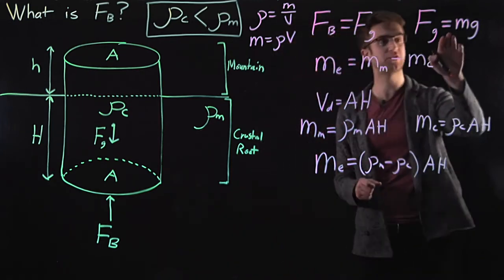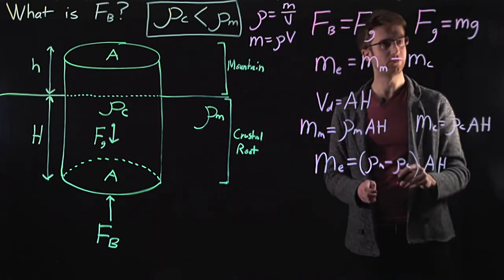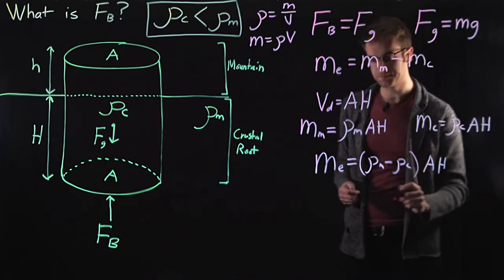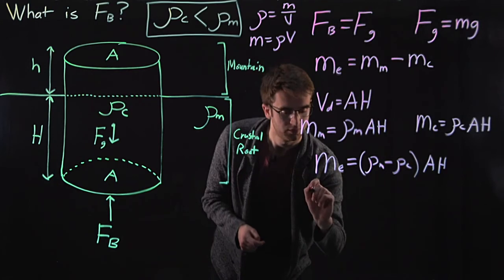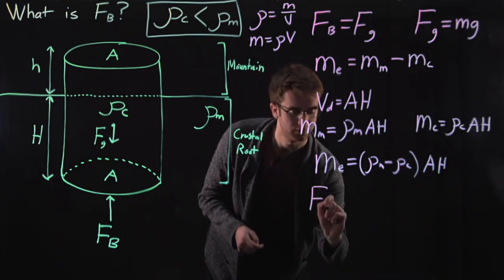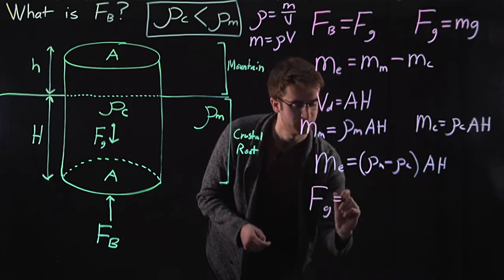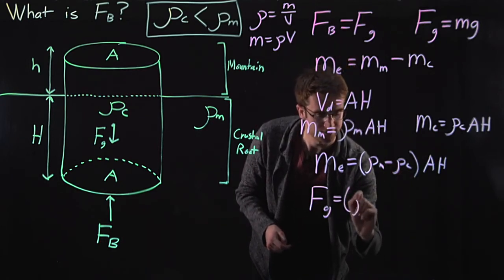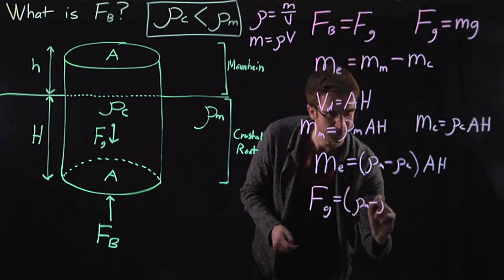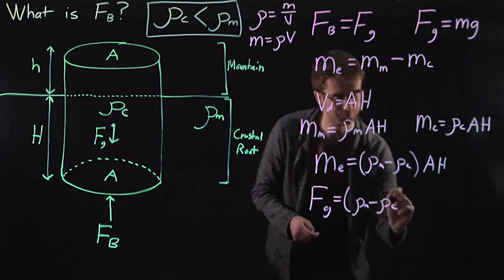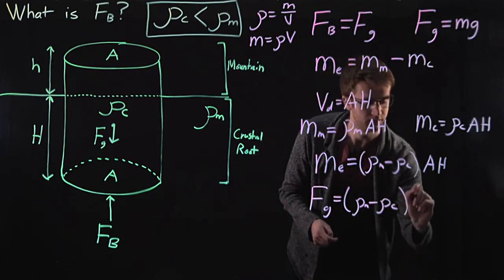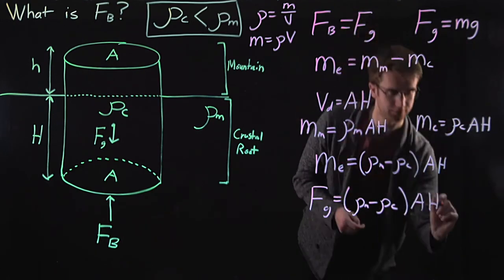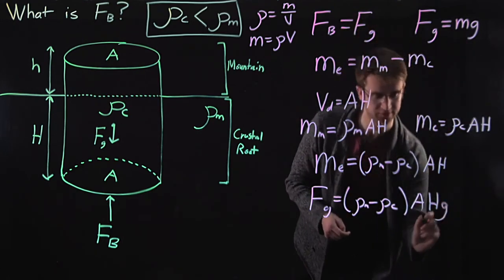So we can come back over here to our gravitational force. And now we know m. It's the effective mass. So the force of gravitation equals the density of the mantle minus the density of the crust, times the volume element, and then times the gravitational acceleration.